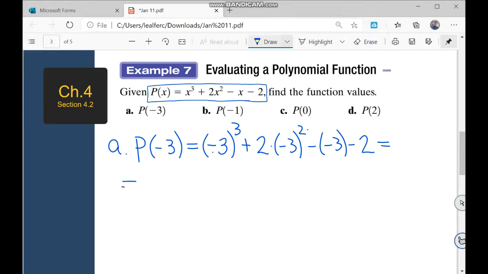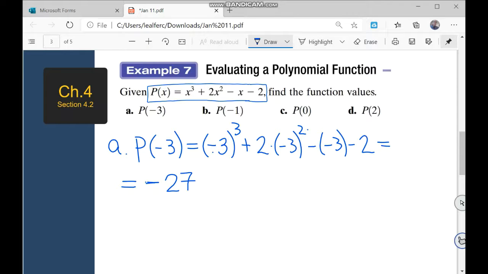This equals negative 3 cubed. A negative sign raised to any odd exponent stays negative, so this is still a negative number. 3 to the 3rd is 3 times 3, 9, times 3, 27. Plus 2 times negative 3 squared.